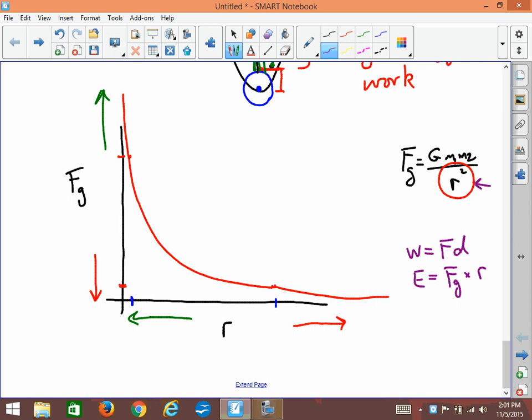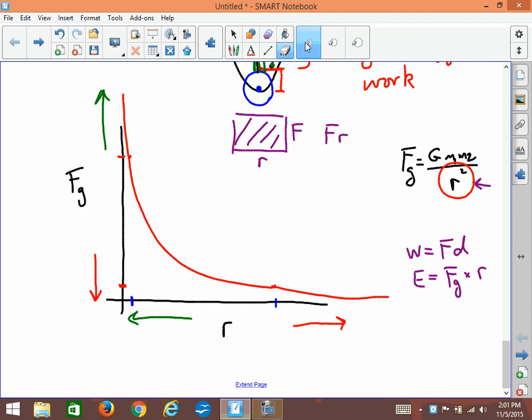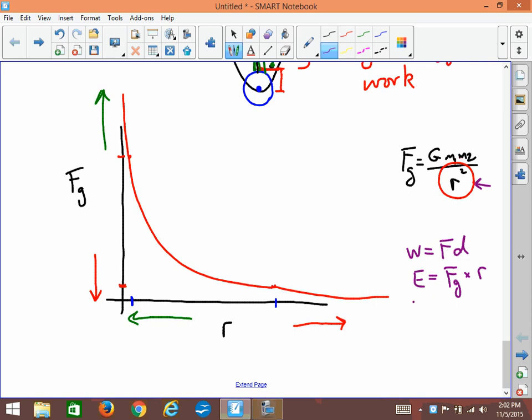If you look at this graph, if you take a measure across here, which is r, and a measure up here, which is force, the area of a block like that is force times distance, F times r. Which means that on this graph, the area represents force of gravity times distance. So that means that the energy is equal to the area under this curve.